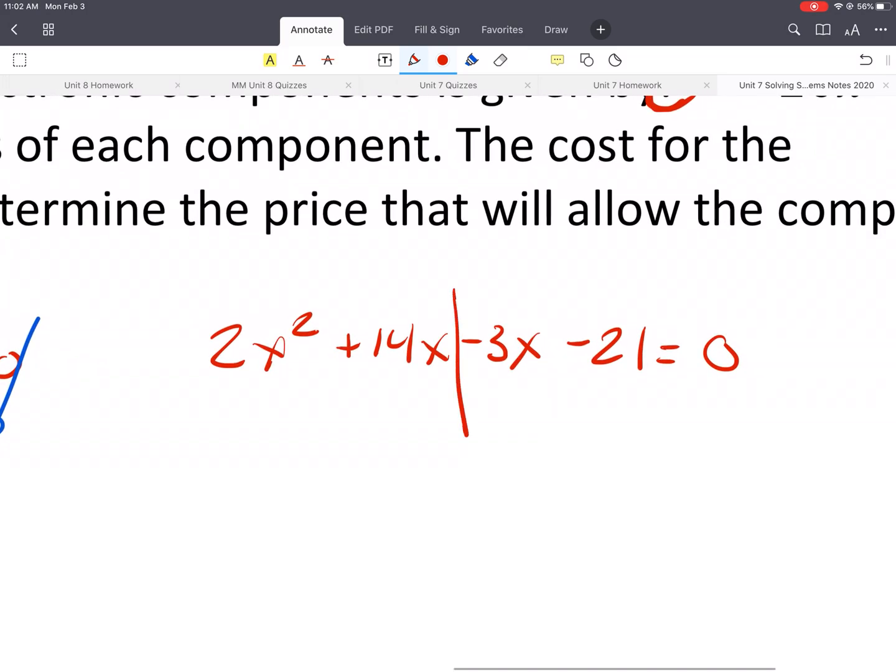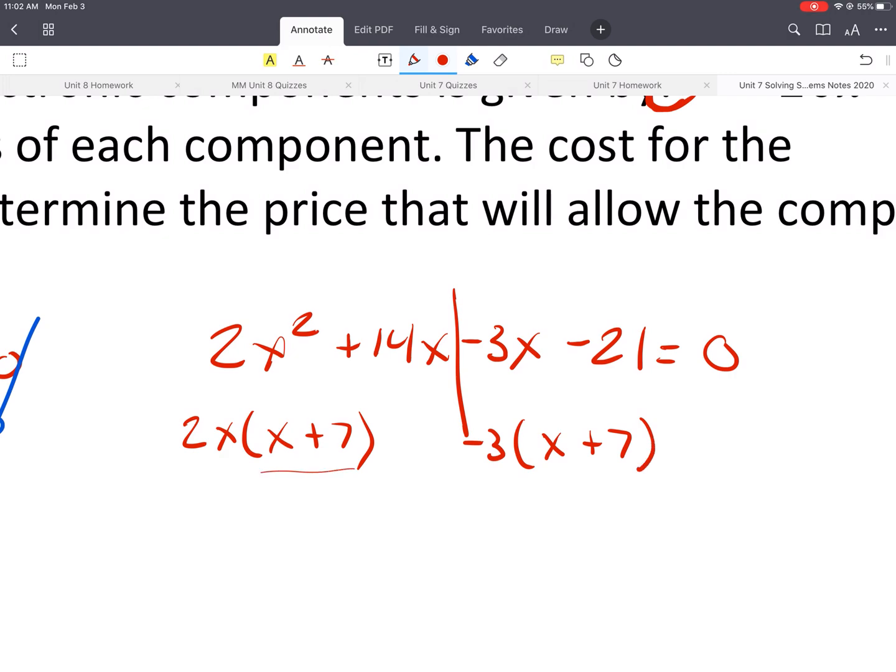Okay, so here we cut it in half. We do it by grouping. So we can factor out a 2x, and that leaves us with x plus 7. And here we can factor out a negative 3. That leaves us with an x plus 7. So we can factor out the x plus 7, and that leaves us with 2x minus 3.